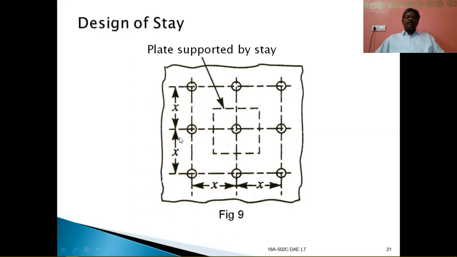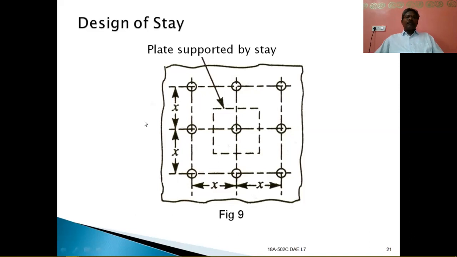So in order to get the area of the supporting plate, it is simply x into x, where x is the distance from one stay to another stay. So here we are going to take this end plate area into account.